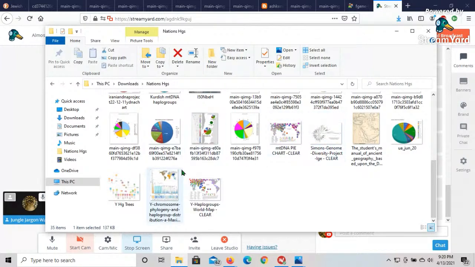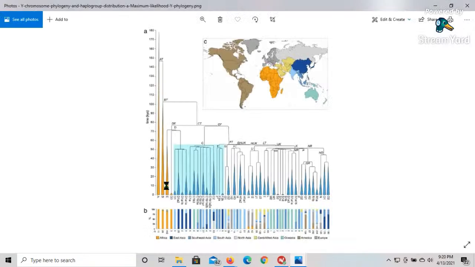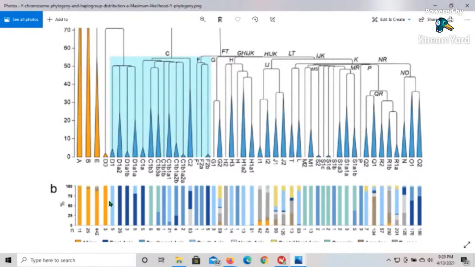So, let me see. This is interesting. I don't think I've shown this in this video. This is interesting because in America we have the Hamitic E Y chromosome. See these little brown spots here?